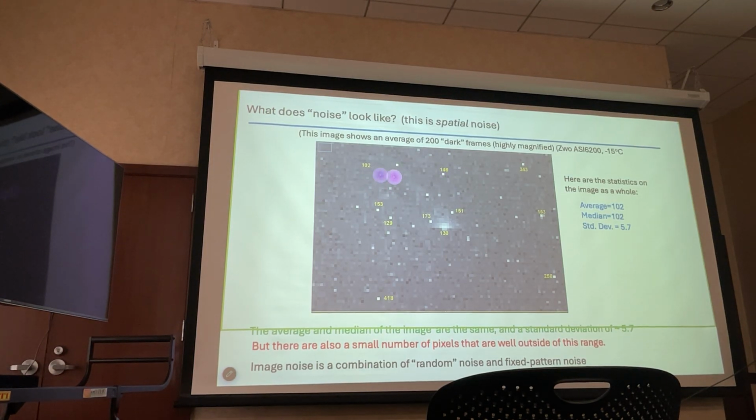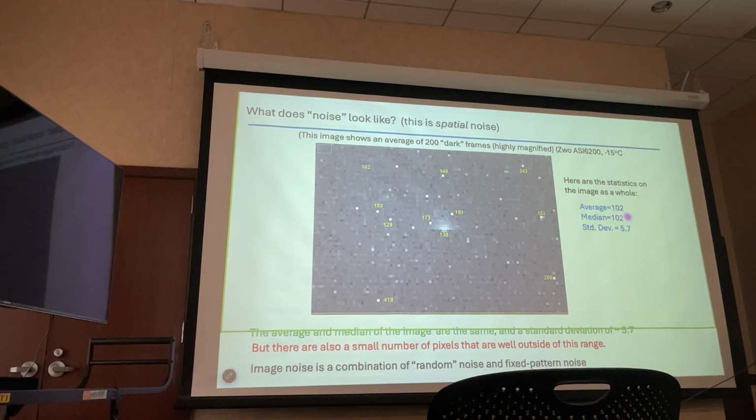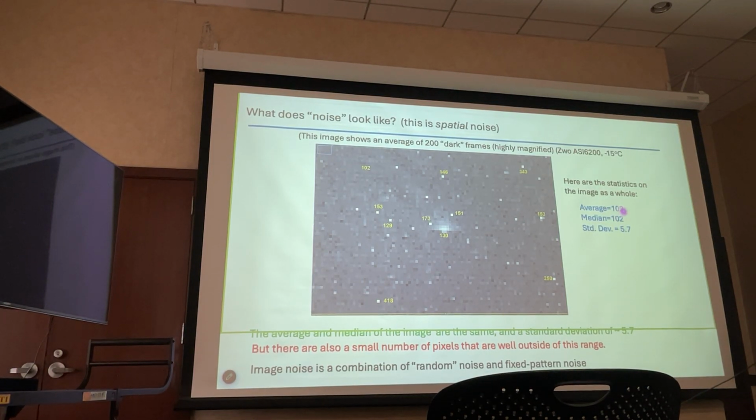So we've got a nice quiet image. We've got an average and a median that are close to one another and a relatively small standard deviation, yet there are pixels that are higher than that, and some also lower, but I focus on the higher ones, and some features that are not just 1 pixel in size but extend over a larger region.